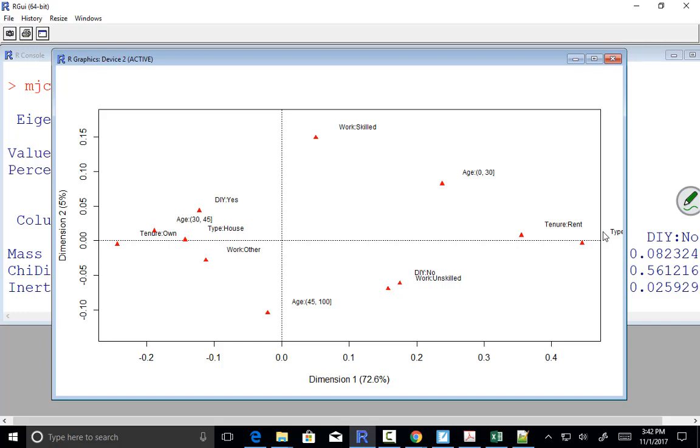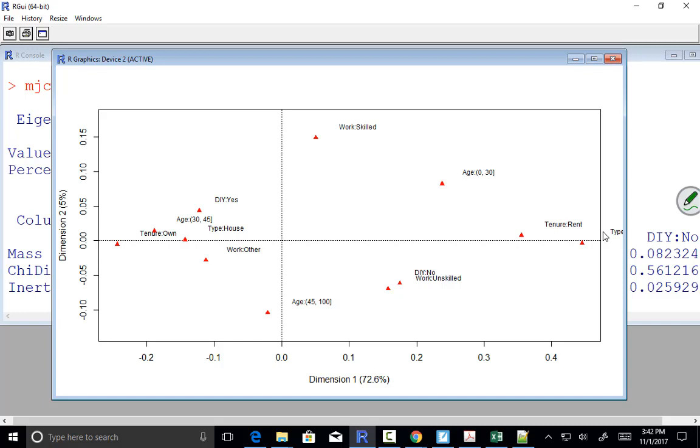Think about the nature of the data. It's a bunch of categorical variables. You could cross-tabulate all those categorical variables. How many times is it a DIY yes who is somebody who lives in a house who's aged 30 to 45? You can cross-categorize all the categories of these variables.